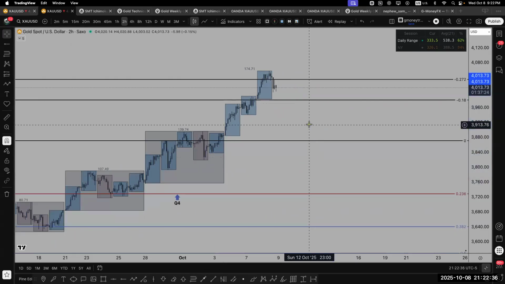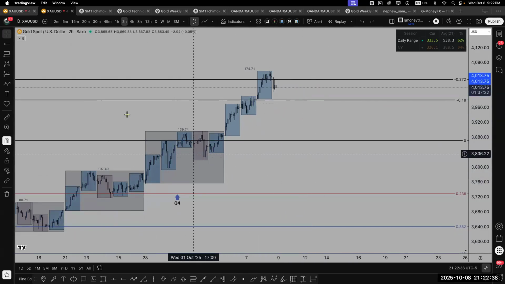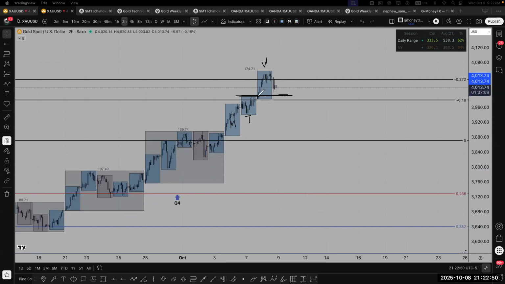So right here, the previous daily high, this is Monday, Tuesday, Wednesday. The previous daily high is going to be an area where price would decide if it wants to just bounce and go up.